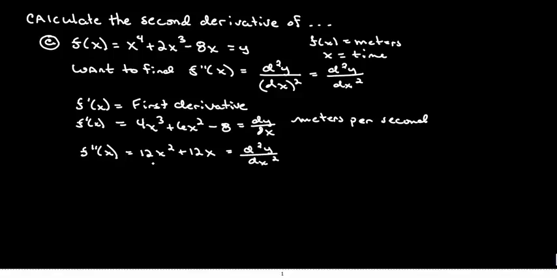Acceleration, though, the unit on top is still meters, however the unit on the bottom is per second again, so this is per second squared. The units might be important for your physics class.